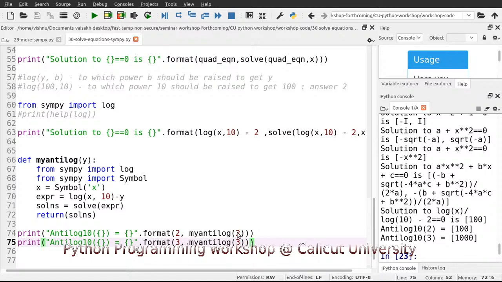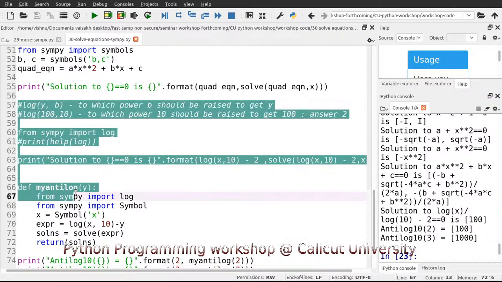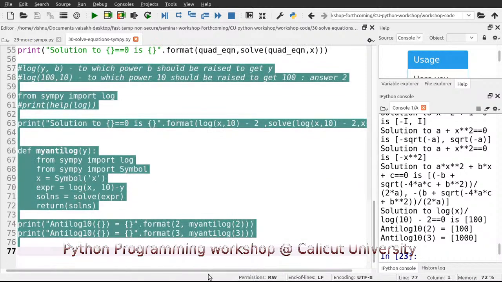So let me update the Google document with this. Up to quadratic equation is updated. Where is the quadratic equation? Okay. See, the definition of the function need not be on the top of the file.